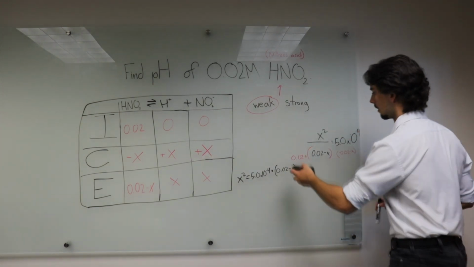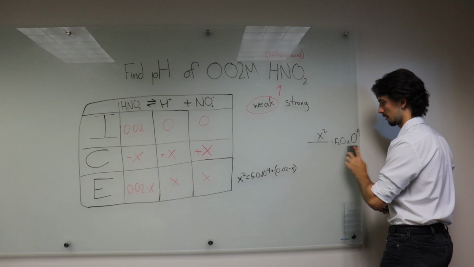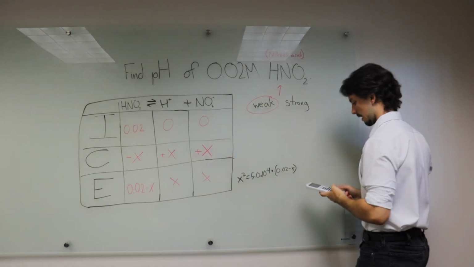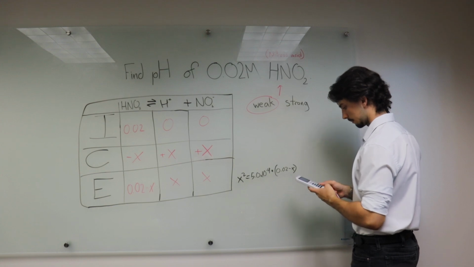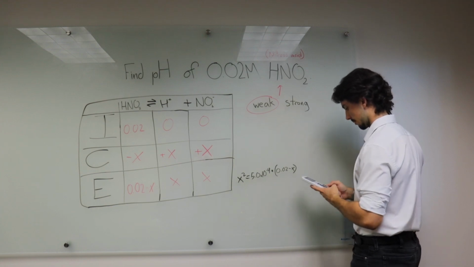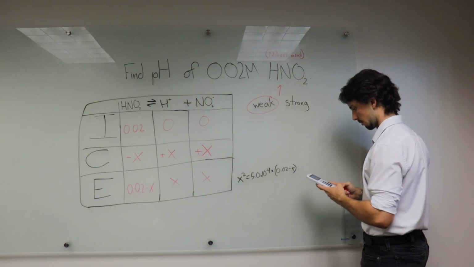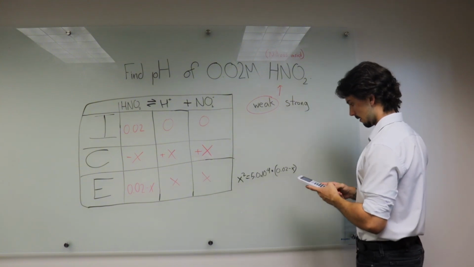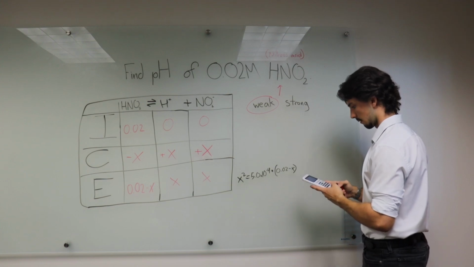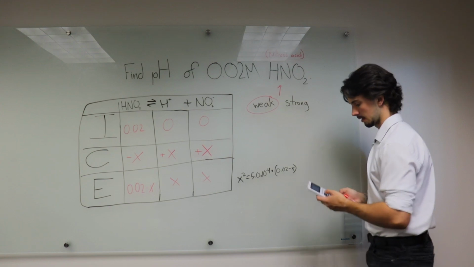Now, next, our simple math. Just distribute that 5 times 10 to the negative 4. So let's distribute it first to the 0.02, 5 times 10 to the negative 4 times 0.02.